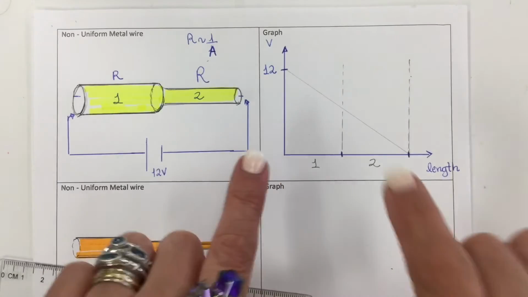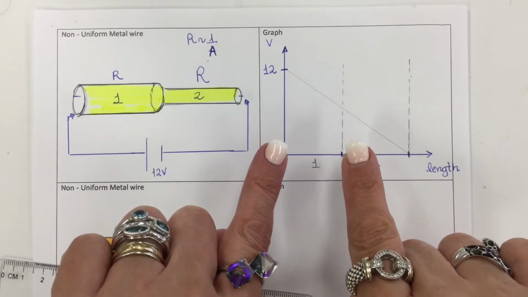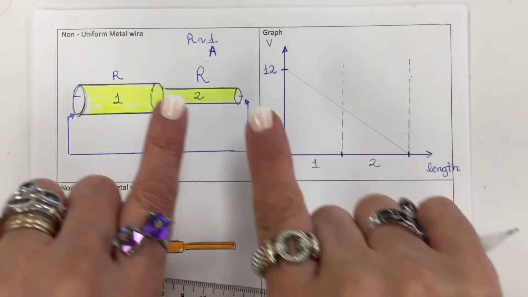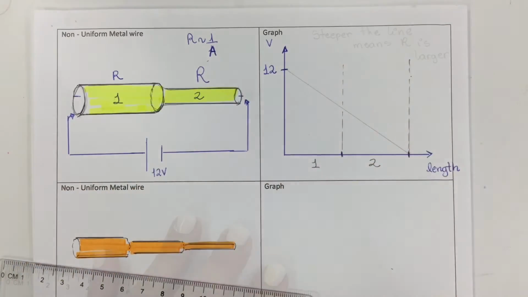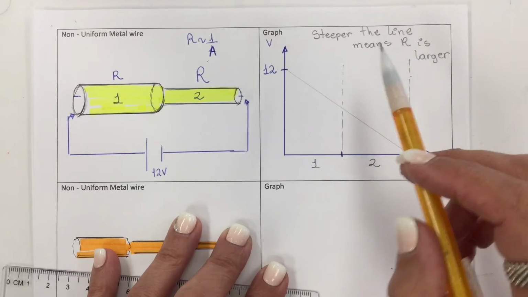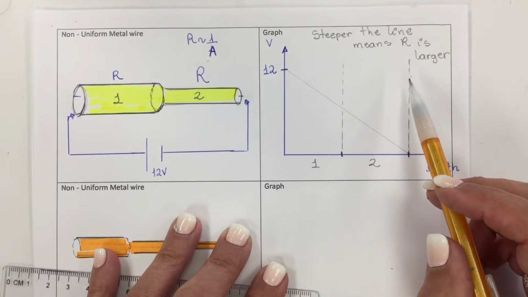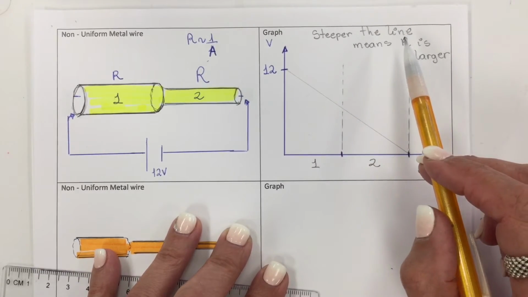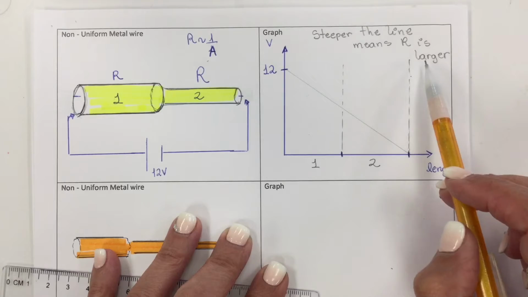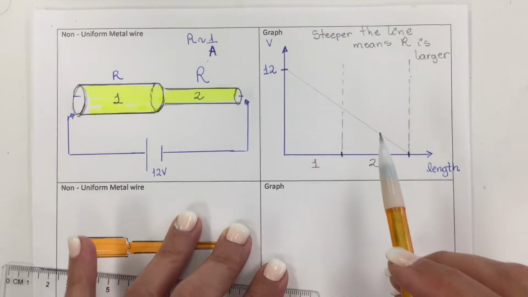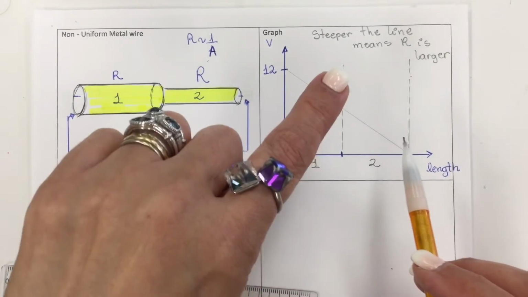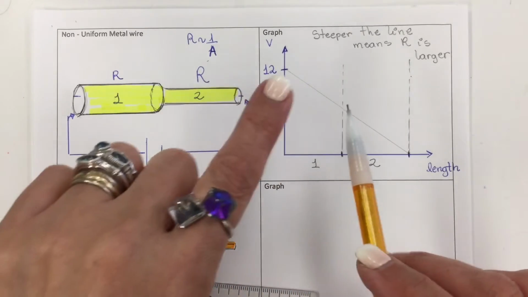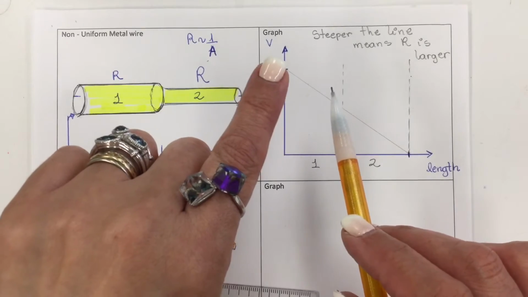Now on this graph, I have the length for section 1 and the length for section 2. A side note that would help to solve this problem is that the steeper the line, the larger R is. So I know that my resistance is larger on section 2 and smaller on section 1.